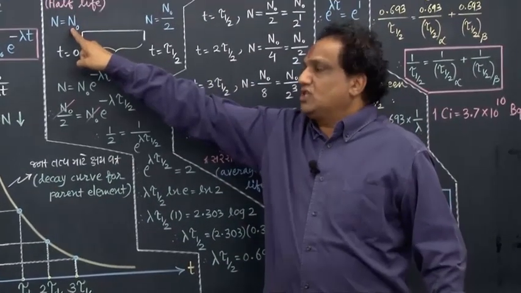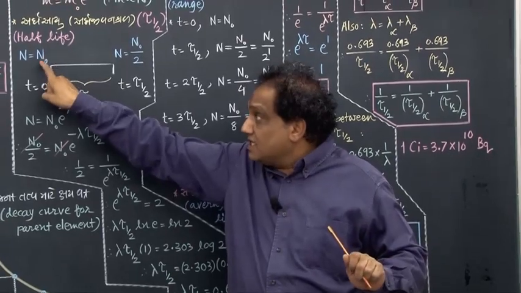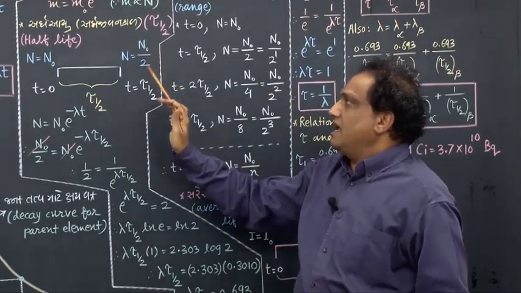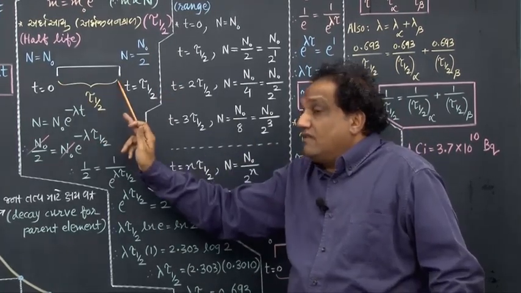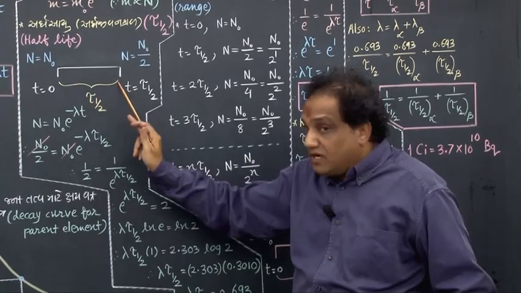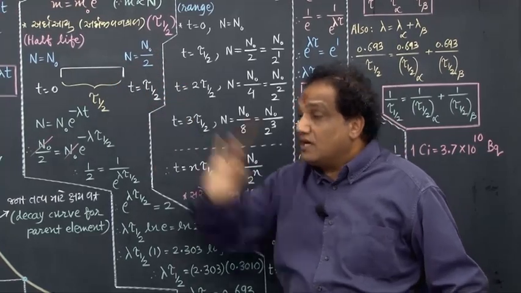So at the end of a certain time interval, this number will become half. So let it become n0 by 2. And for that, suppose this much time interval is required to lapse. So at the end of this time interval, this number becomes half of the initial number.